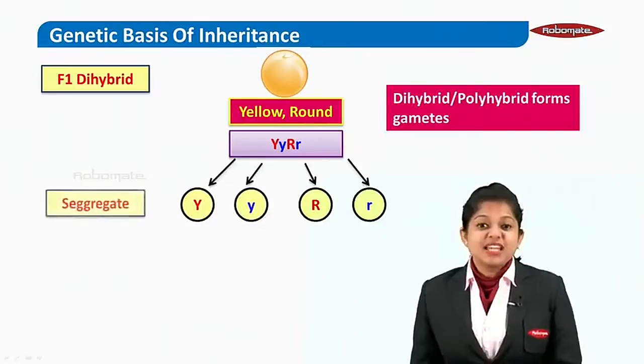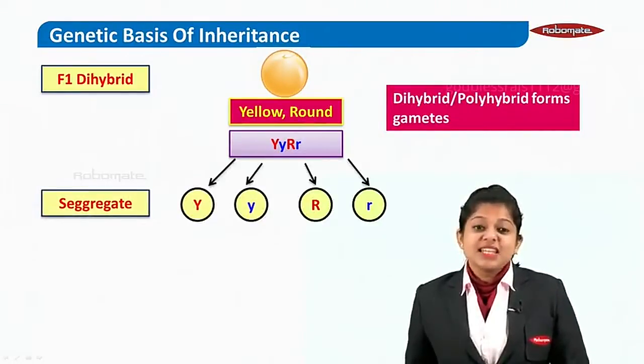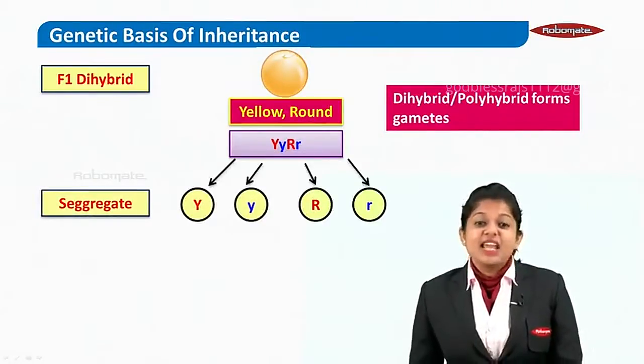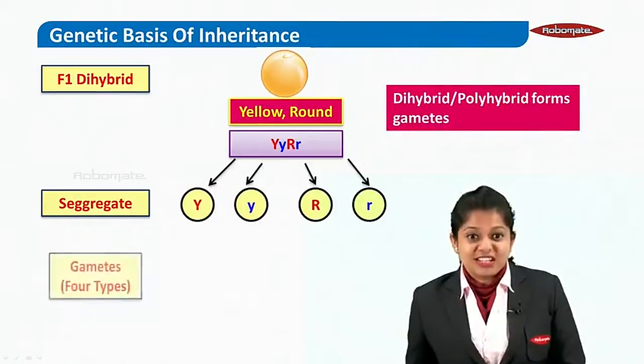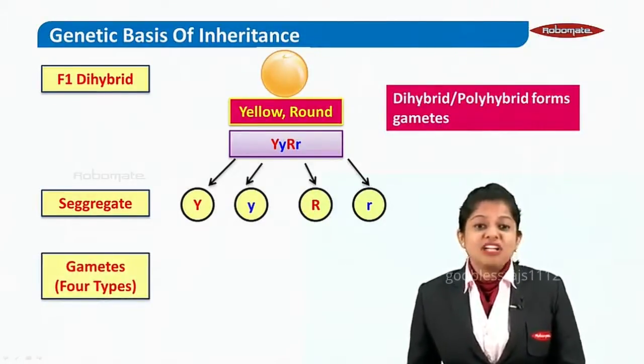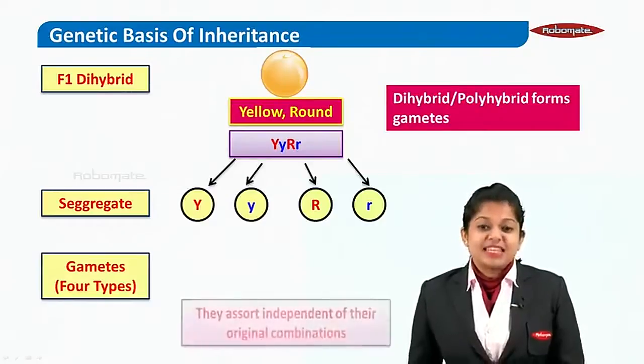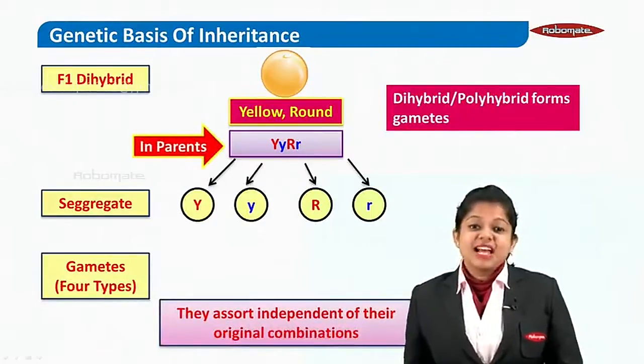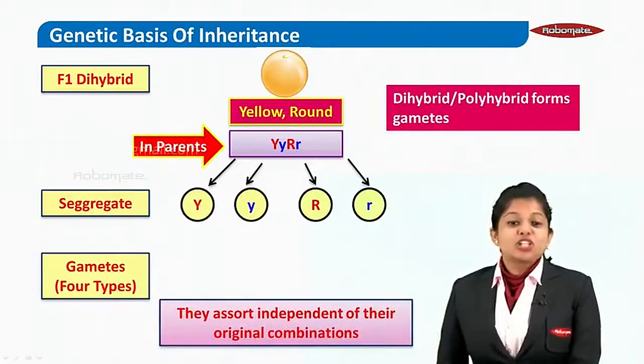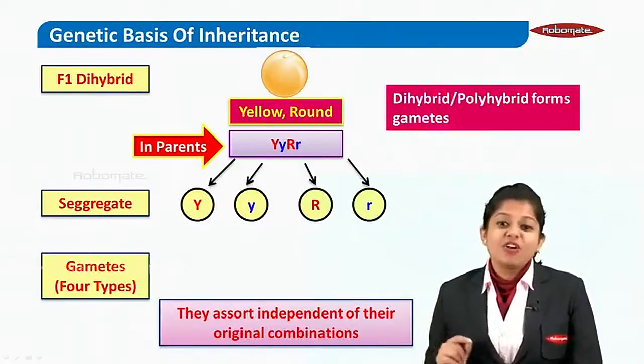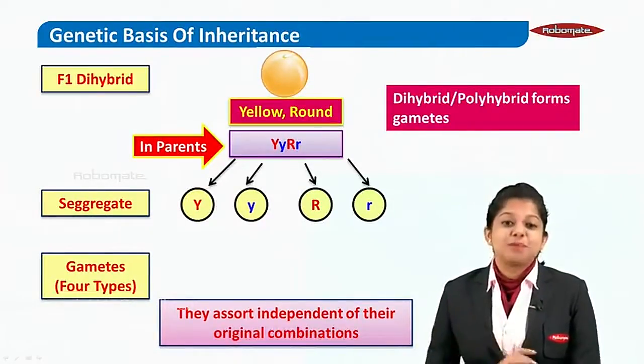During segregation, these alleles get segregated independent of each other, giving rise to four different types of gametes. That is, these alleles assort independent of their original combination in the parents.